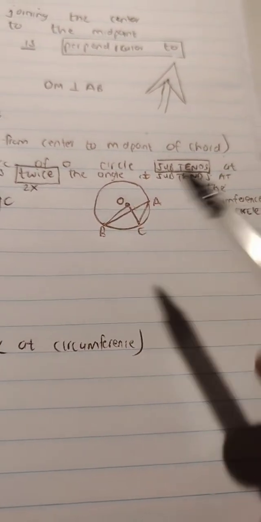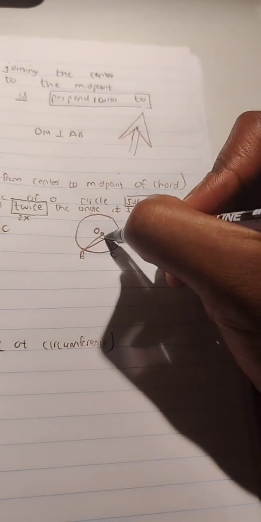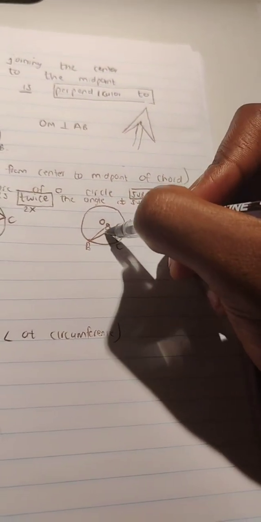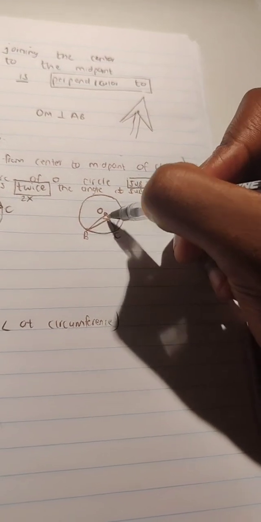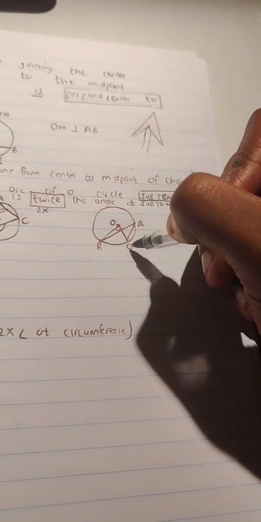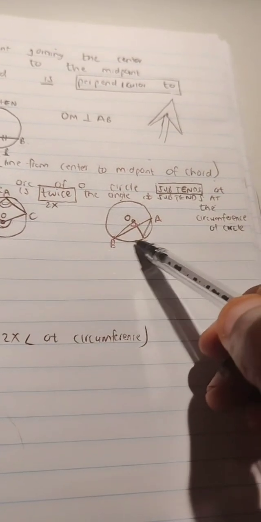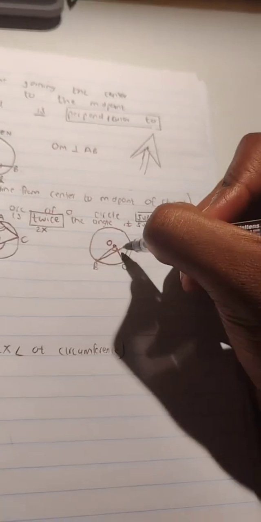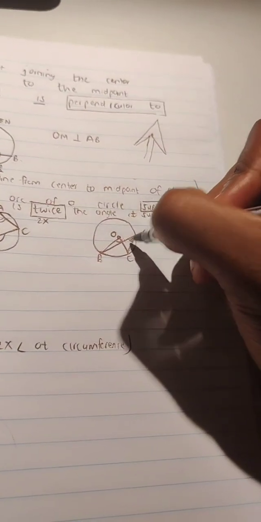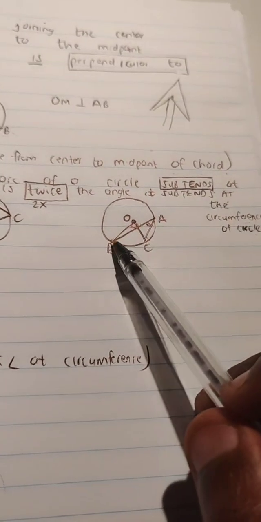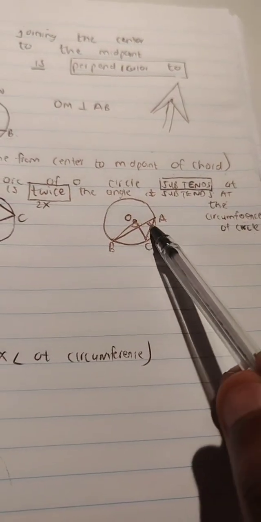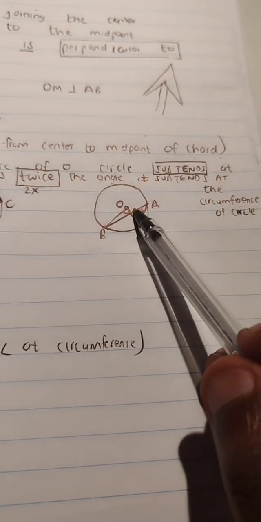Arc BC, guys, subtends this entire angle here at the center. BC subtends this angle at the center. And arc BC subtends this angle at the center. The same arc BC subtends angle A at the circumference. So this angle BOC, is equal to 2 times angle A.